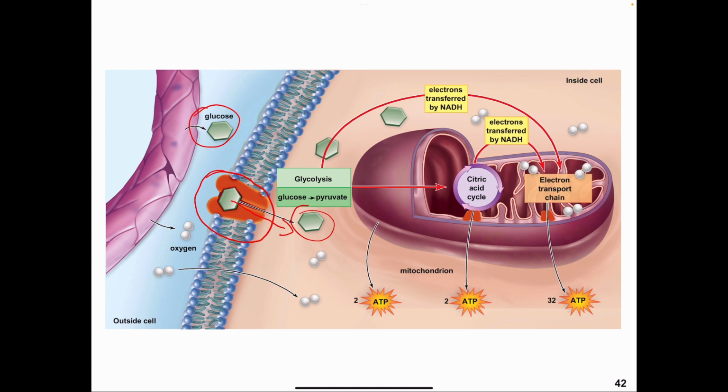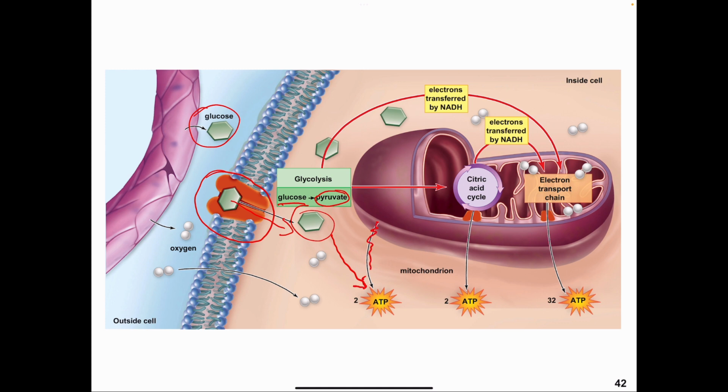Glycolysis literally means the lysis of glucose or the lysis of a sugar, so breaking down a sugar. When that sugar is broken down, glucose is converted into a chemical that is called pyruvate. In the process, you have 2 net ATPs that are produced.